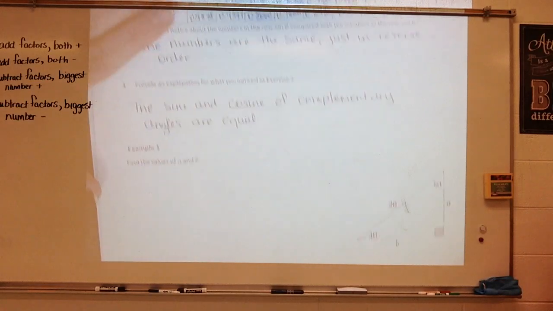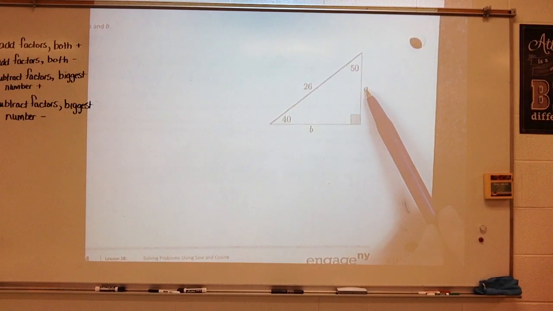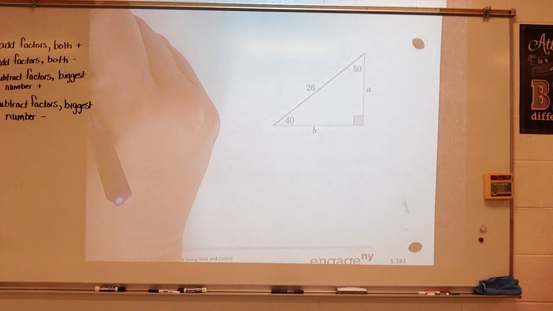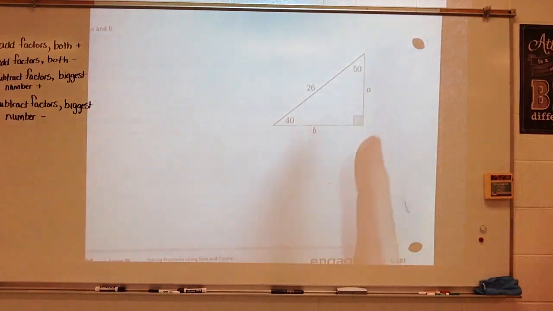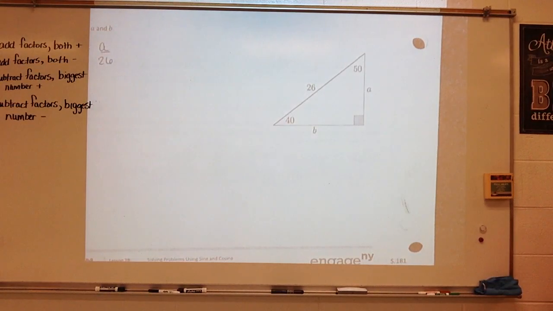Well, if I want to find the length of side A, then I can look at the sine of the 40 degree angle or the cosine of the 50 degree angle. Let's begin by using the sine of the 40. So the sine of 40 is equal to A over 26, because sine is opposite over hypotenuse.